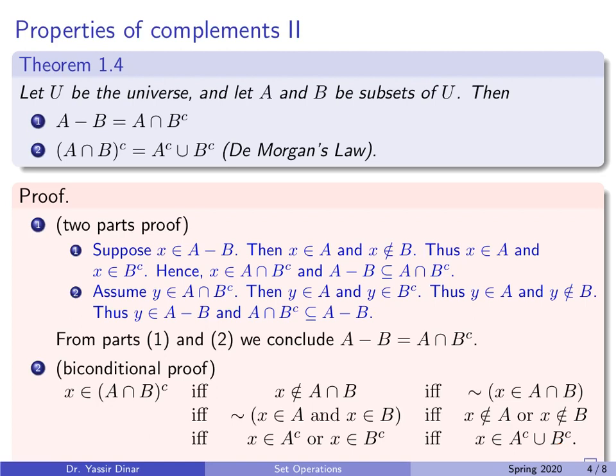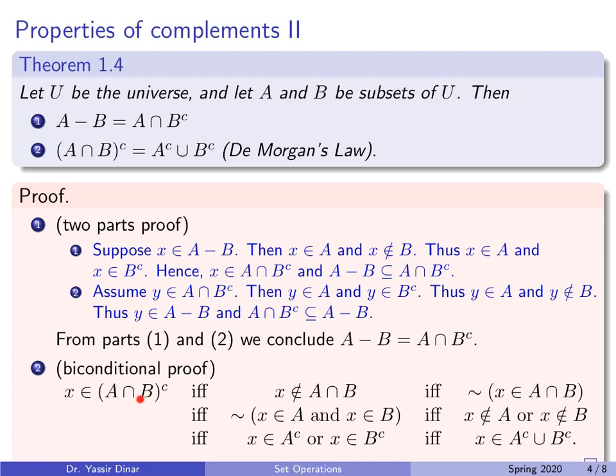So x is an element in (A intersection B) complement if and only if x is an element in A complement union B complement. That means what? That means these two sets have to be equal.